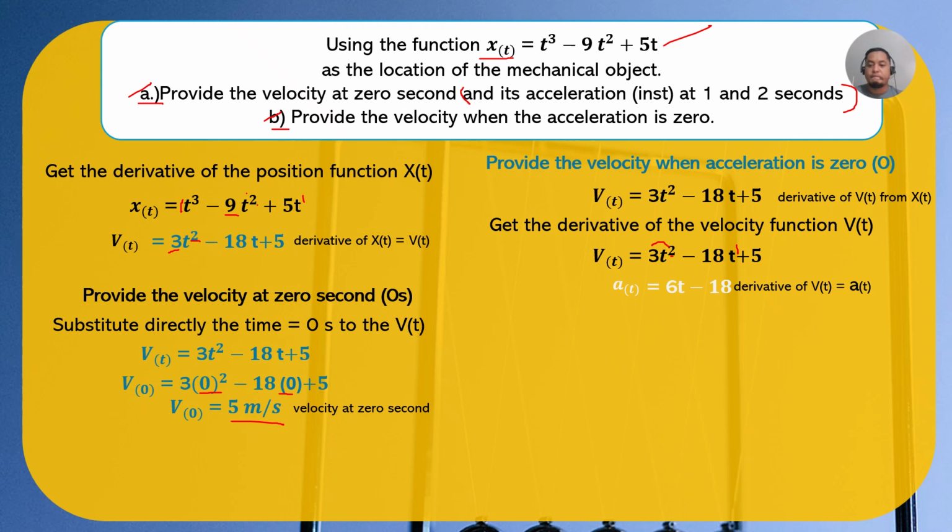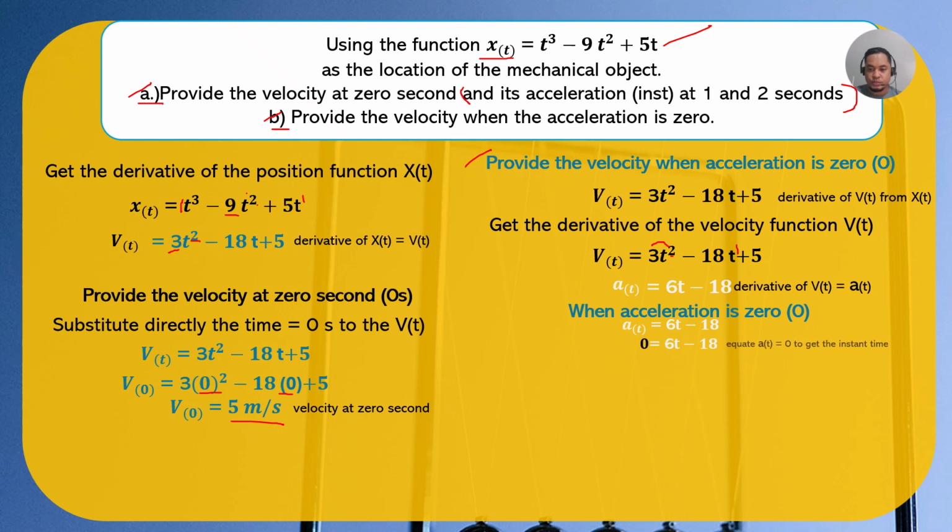Let's go back to the question: provide the velocity when acceleration is 0. So we will just equate our acceleration to 0, and we can get the variable of time out of this equation.